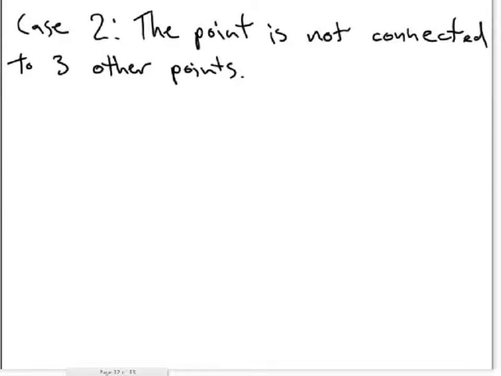And the other case is that the point is not connected to at least 3 other points. So again, we have our 6 people. If any of these points are not connected to each other, then we have a triangle of 3 mutual strangers.